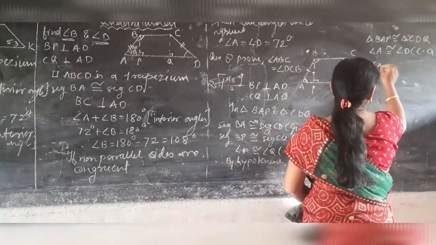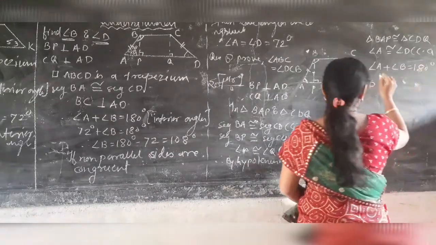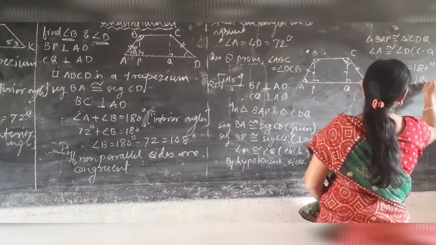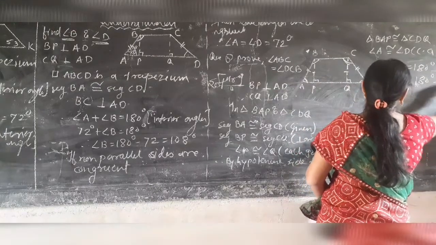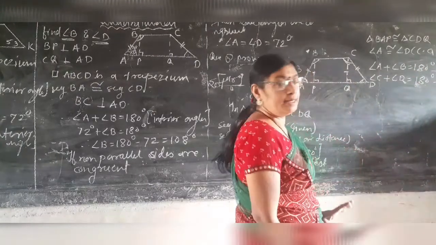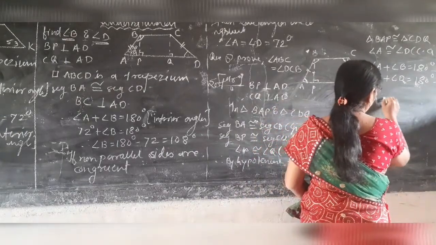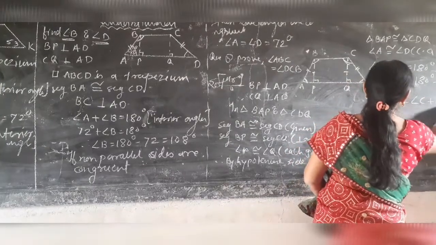So you can take angle A plus angle B is equal to 180, and second, angle C plus angle D is equal to 180. Now here it is the first equation, it is the second equation. Now right hand sides are equal, therefore left hand sides are also equal. So angle A plus angle B is equal to angle C plus angle D.